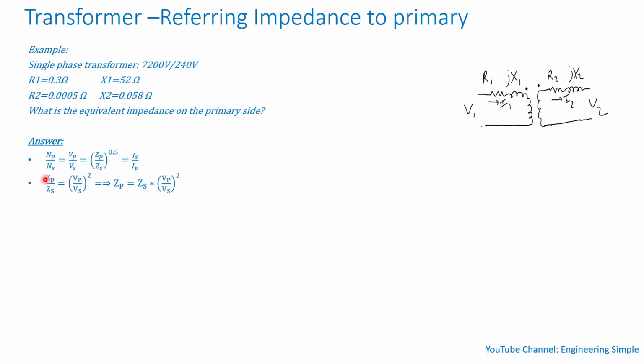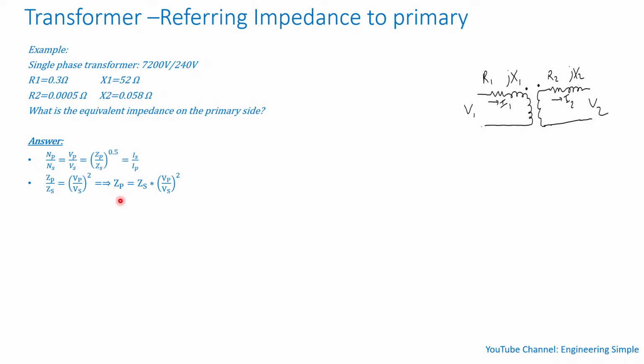So basically the primary impedance divided by the secondary impedance equal to the square of primary voltage divided by secondary voltage. So what I did, basically I just squared this quantity here to get rid of the square root.